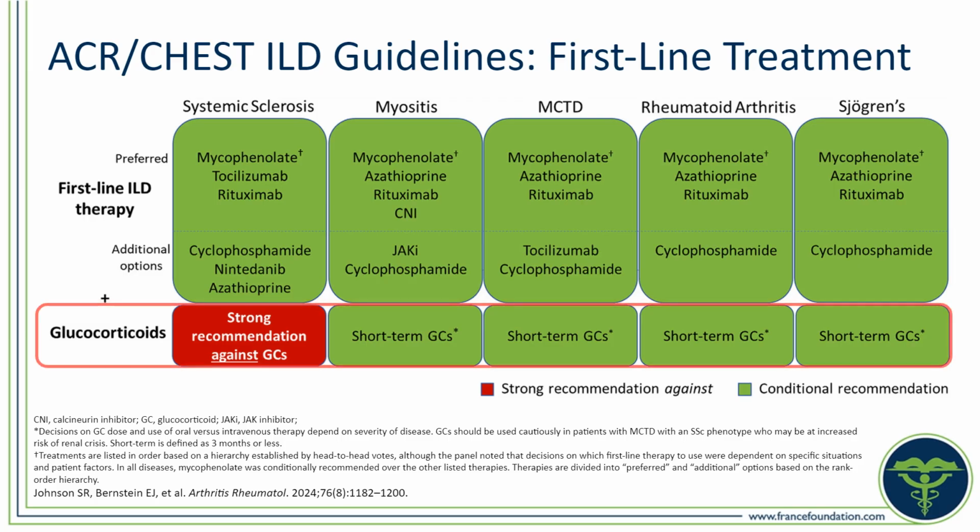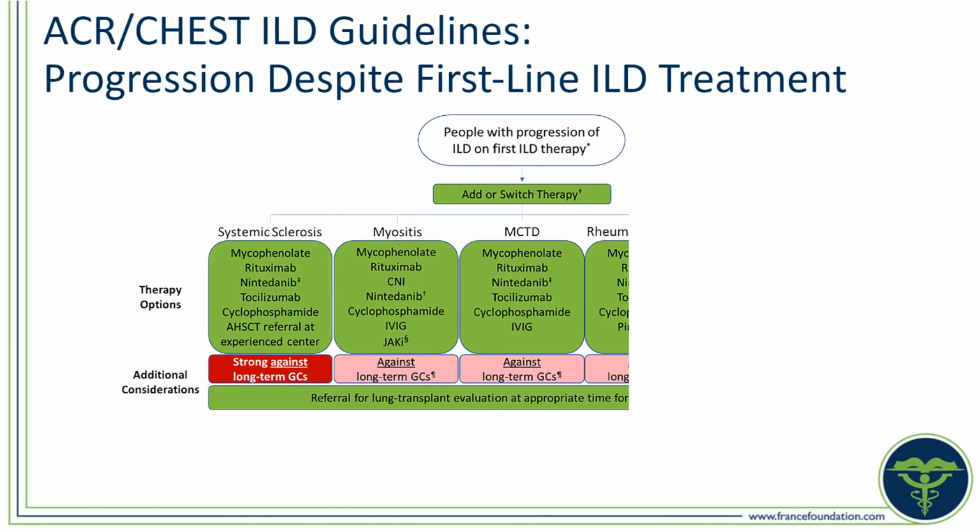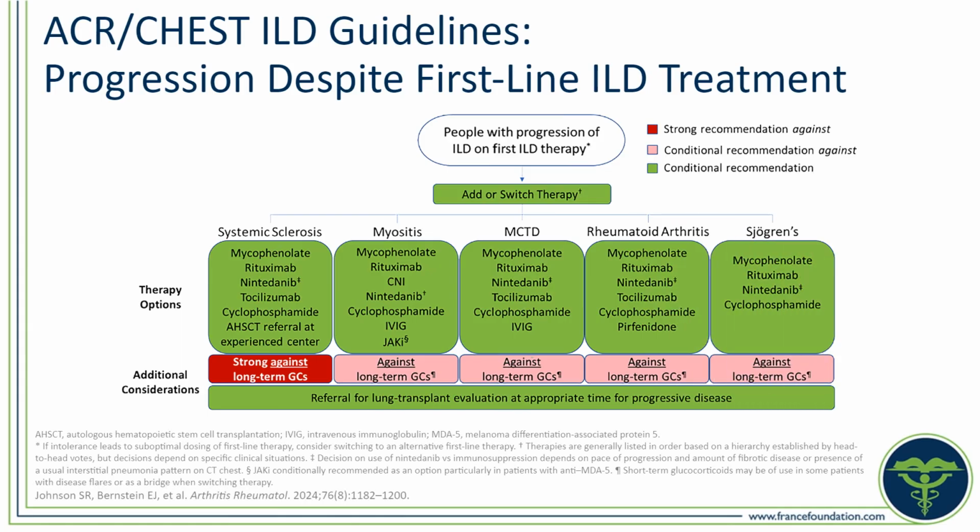For SARD ILD, other than systemic sclerosis ILD, there's a conditional recommendation for glucocorticoids as first-line ILD treatment. It's important to note that glucocorticoids are strongly recommended against for patients with SSc-ILD. This slide reviews the ACR chest ILD guidelines for progression despite first-line ILD treatment.